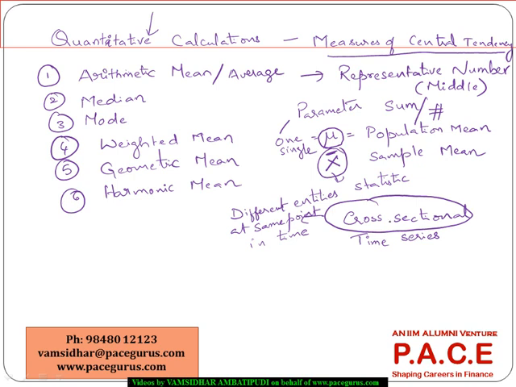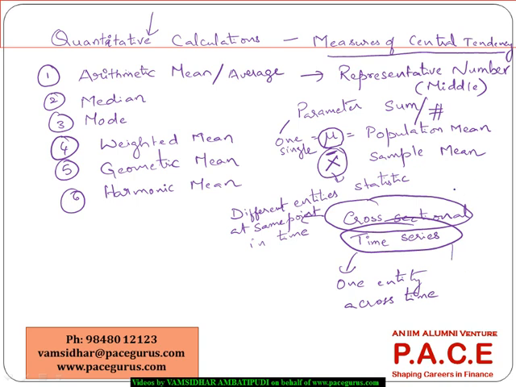Whereas time series data is for one entity across time. So probably I am looking at the profits of one company over the last 20 years and trying to find the average. Or I am looking at the height of a person over the last 20 years and trying to do some computations on that. Those kinds of data are typically called time series data.